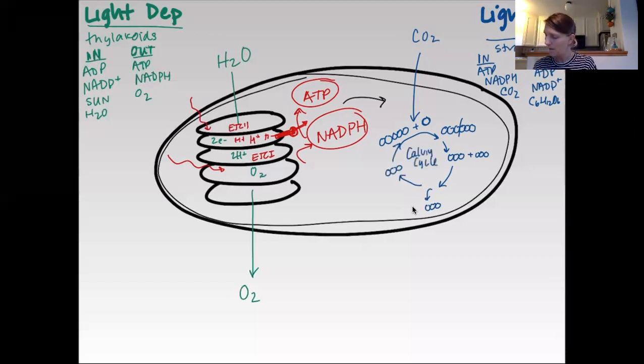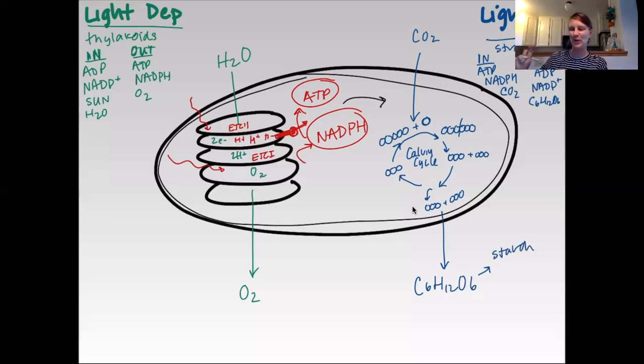When you go around twice in that cycle, you can generate two 3-carbon molecules, which can come together to make C6H12O6 or glucose, which can be stored as starch for energy storage, or you can go to the mitochondria and break that down through glycolysis and cellular respiration to make more ATP, right?